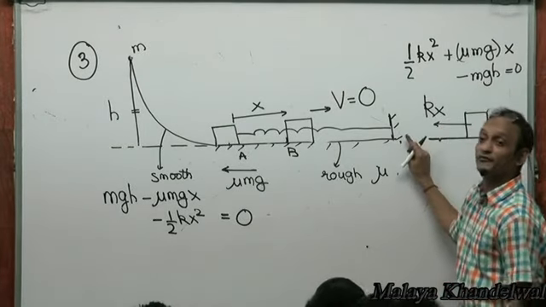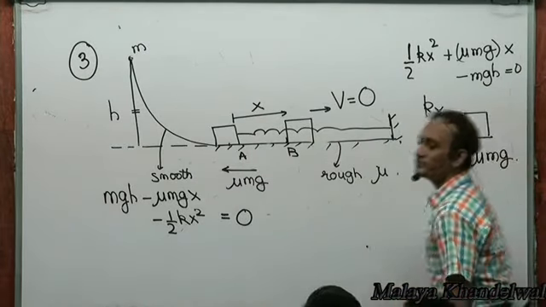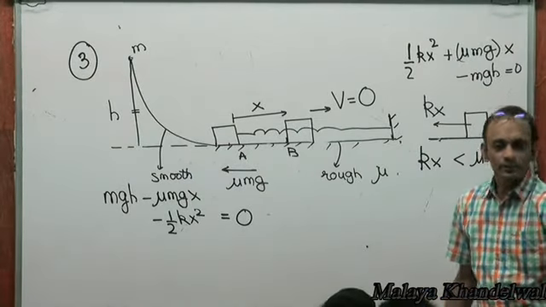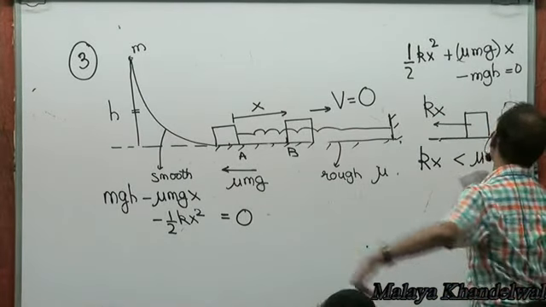If kx can overcome maximum static friction, then it will move to the left. However, you would find when you solve for x that kx is less than mu mg, and then the particle will remain stationary even after compressing the spring by the maximum amount x, because the spring force will not be enough to overcome maximum static friction, isn't it?